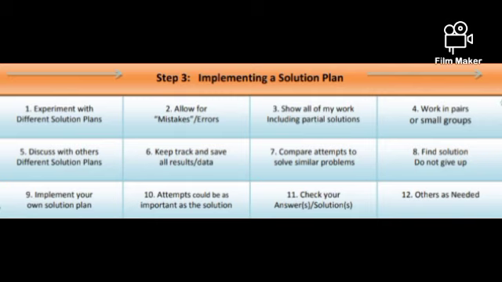Another advantage of having different solution plans is if one solution plan does not work, then you have other plans to try. But if you have only one solution plan and it doesn't work, then you will be helpless because you are not ready with an alternative plan to solve the problem.